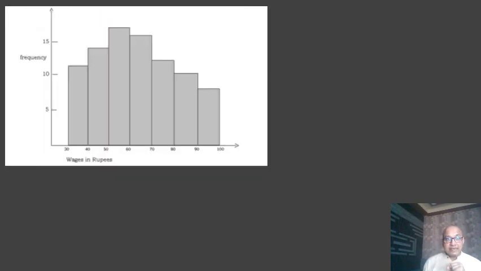In this slide, we can see a diagram which is a frequency histogram.